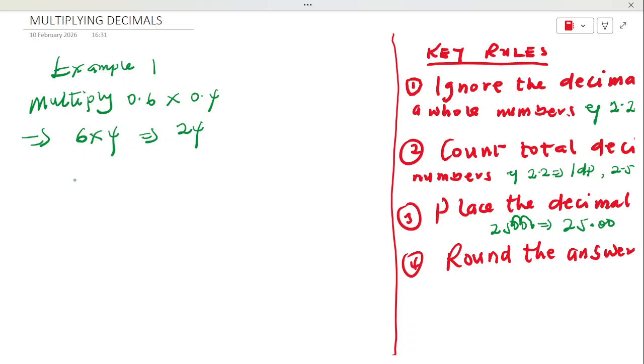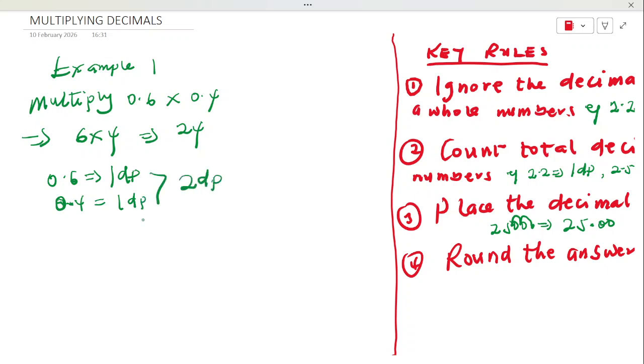You count the decimal places and see how many decimal places each of the digits has. So 0.6 has, so 0.6 equals what? One decimal place, and then 0.4 equals what? One decimal place.